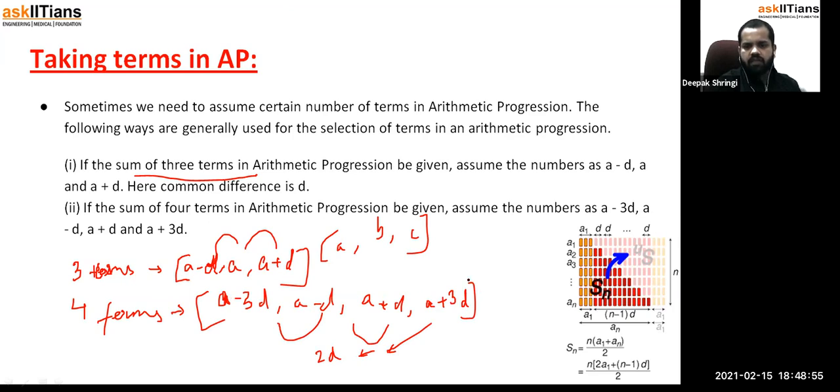Here the common difference is 2D. To ease your calculation, because if the sum is given, then 3D and 3D will cancel out, D and D will cancel out, they will be equal to the given 4A, and by having just one equation you can easily find the value of A.